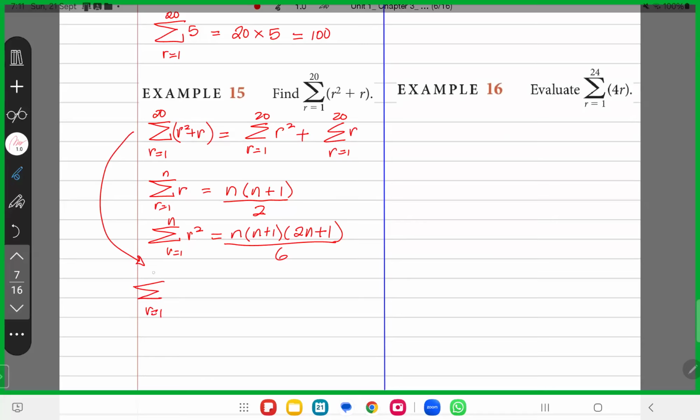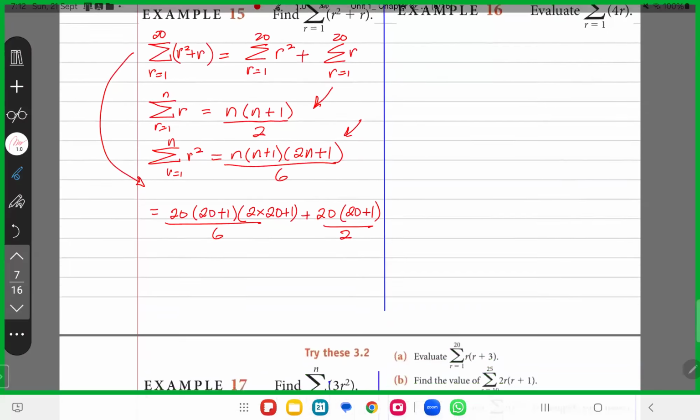This is equal to, using the formula, 20 into 20 plus 1, 2 times 20 plus 1 all over 6, plus, using now this formula, 20 multiplied by 20 plus 1 all over 2.